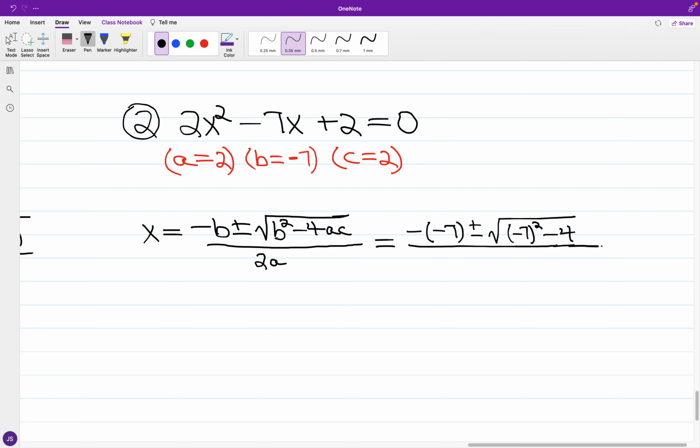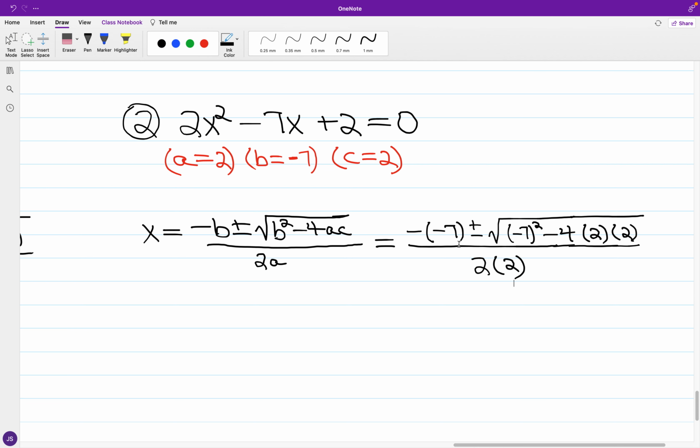And minus 4ac, so it'll be minus 4 times 2 times 2. And over 2a, so that's going to be 2 times 2.